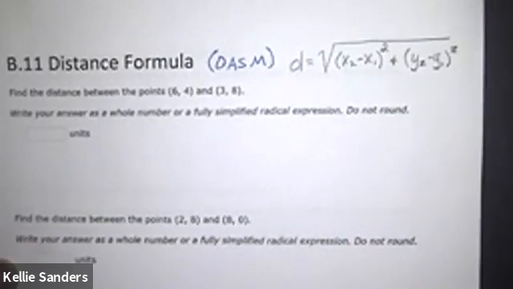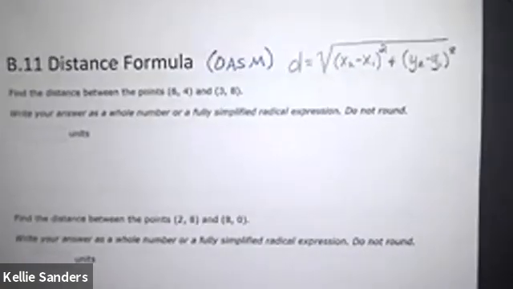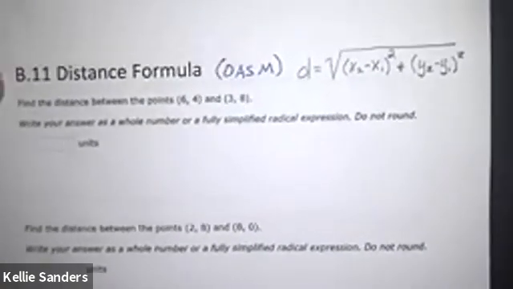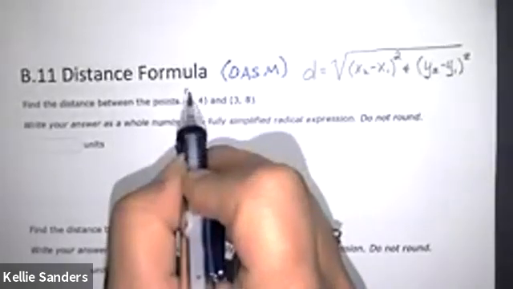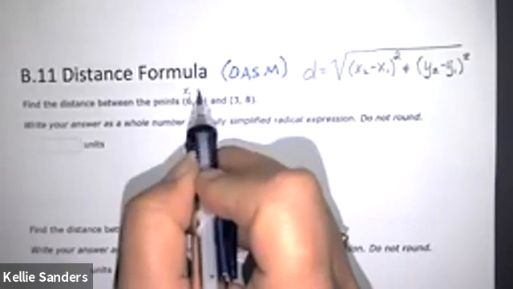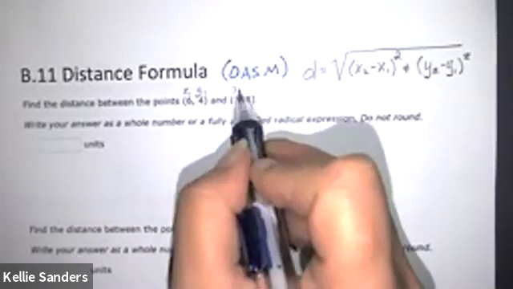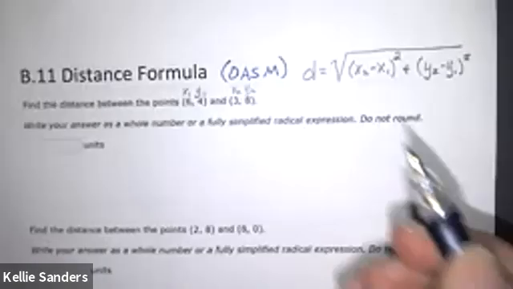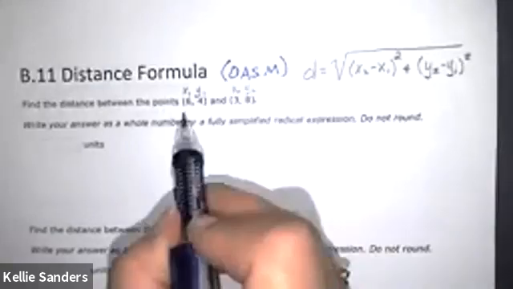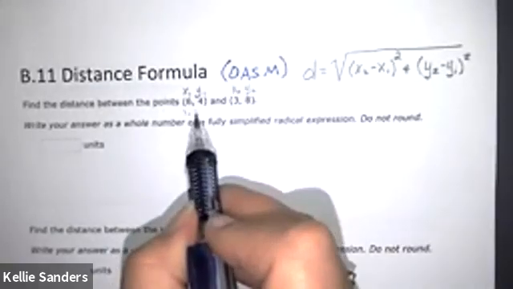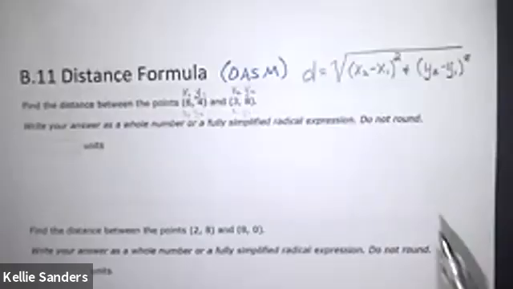I guess we would never get 0 unless the 2 points are the same point. Okay, so what we're going to do, if you have to label these, x1, y1, x2, y2. You could have said x2, y2, x1, y1.